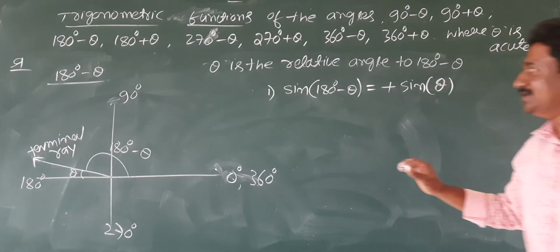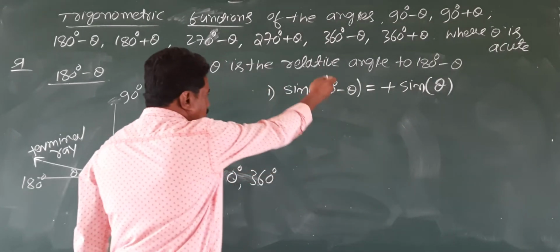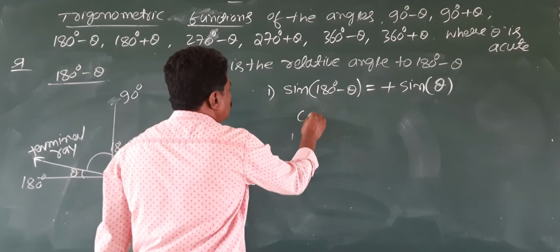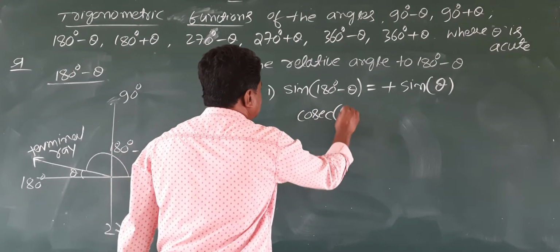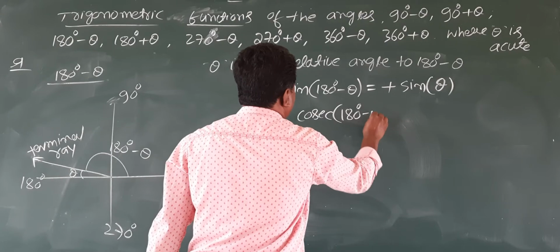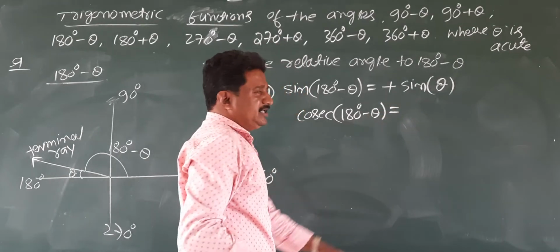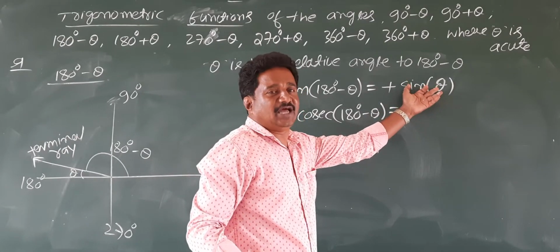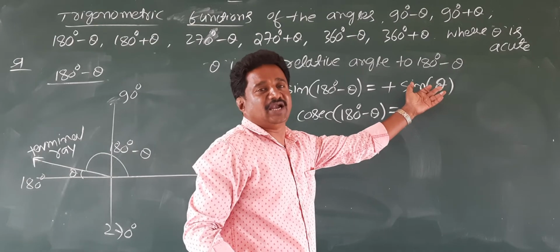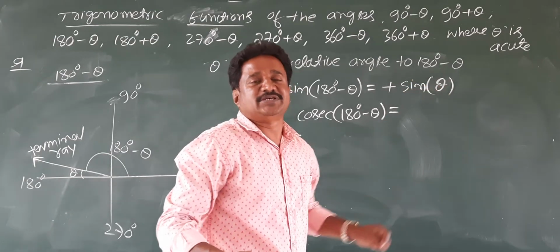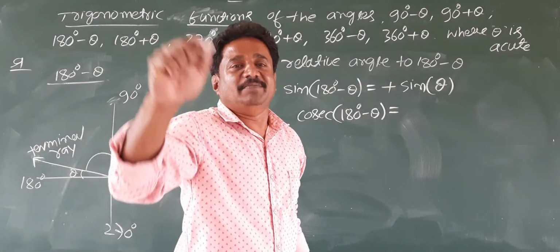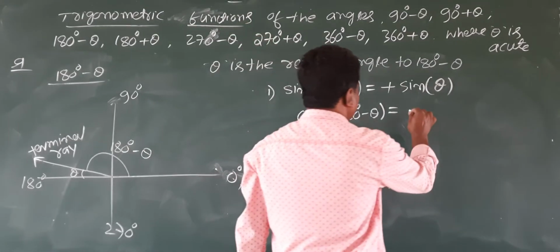Sine theta. Reciprocal: the reciprocal of sine is cosec. Cosec 180 degree minus theta. What is the reciprocal of sine theta? Cosecant theta. Reciprocal of sine, 1 by sine, means cosec theta.